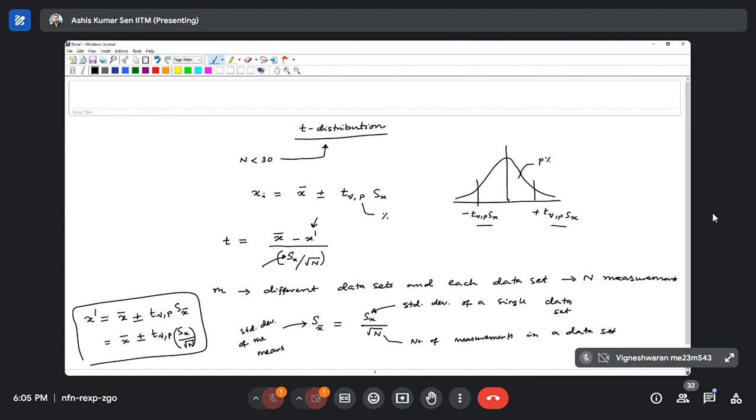So what it means is that you take a single data set and you find out its mean, you find out its standard deviation, and divide that with the square root of the number of data points.